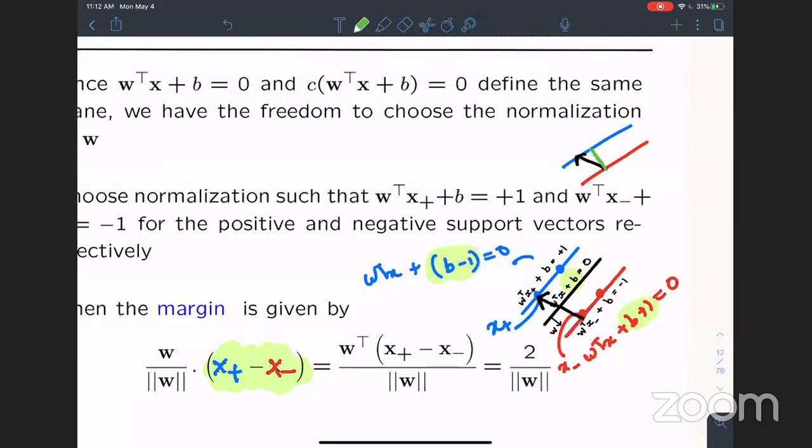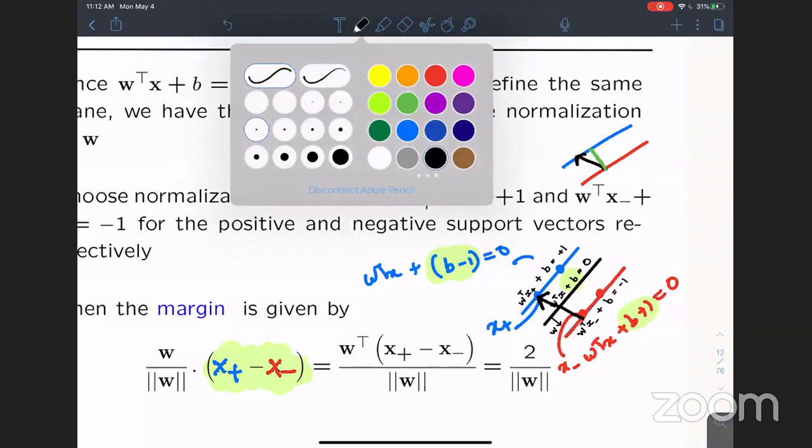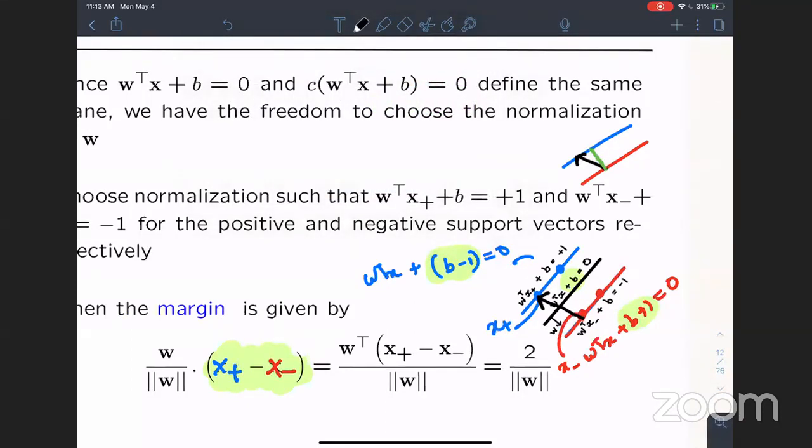That is the actual distance, the shortest distance, which is perpendicular to both planes. If you have a perpendicular to these planes, it is characterized by W, which is the normal, right?